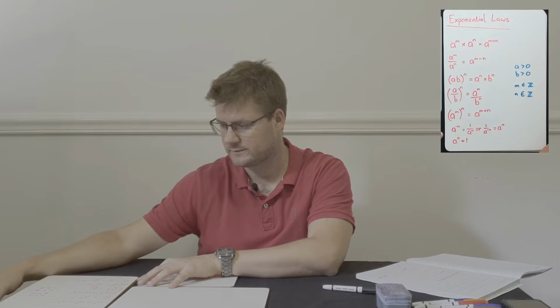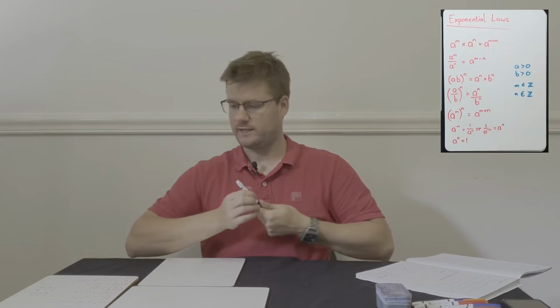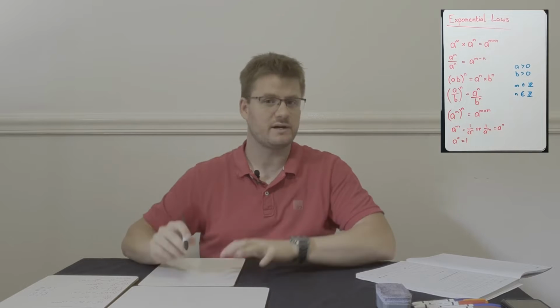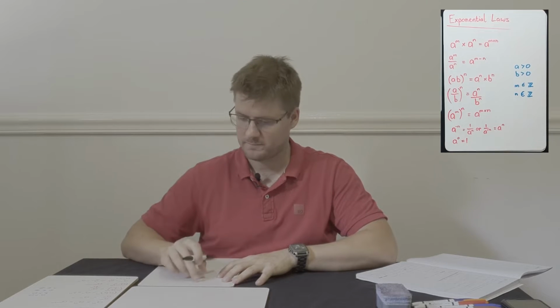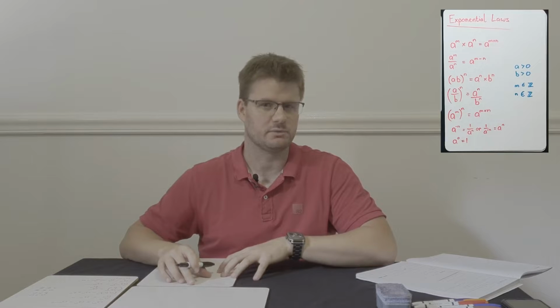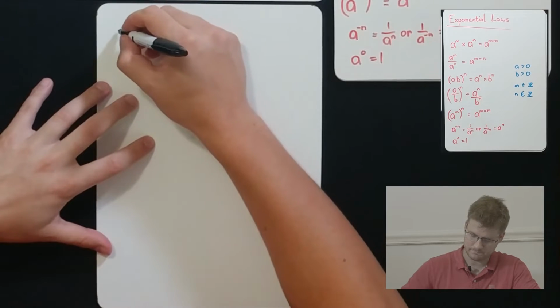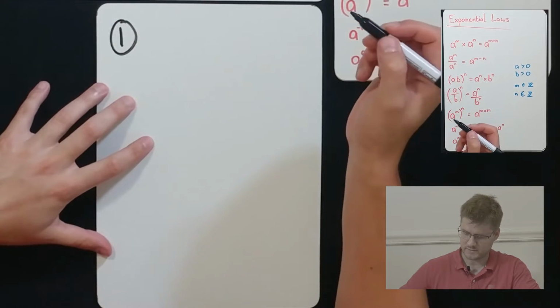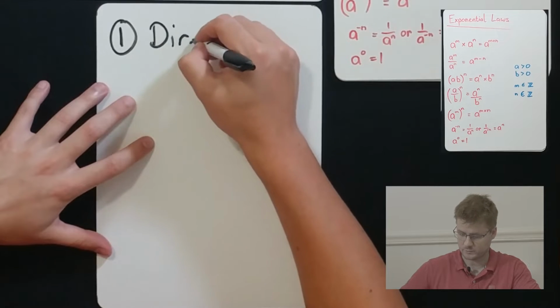All right. So, talking about a few elements that are involved when we simplify our exponential expressions, there's three main things we should keep in mind. The first one is that we may directly apply these laws.